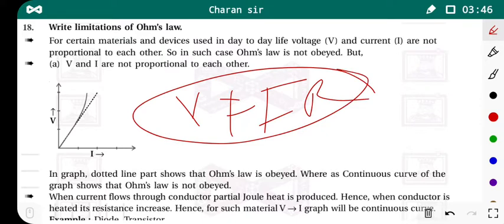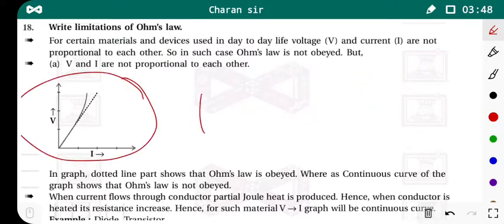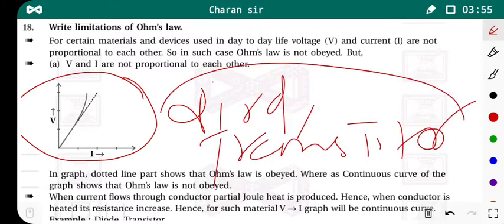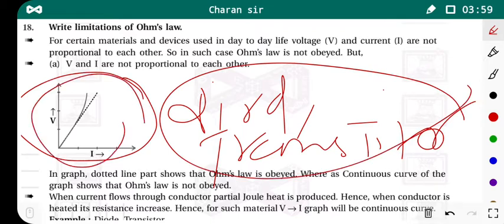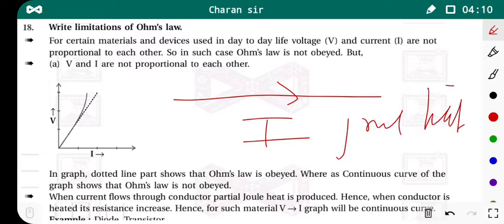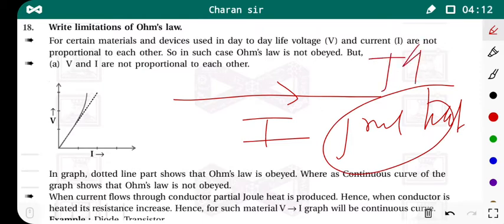So this graph is for a diode and transistor. In a diode and transistor, this type of phenomenon can take place. Why is Ohm's law not satisfied? Because whenever current passes through a conductor, it loses its energy in the form of Joule heat, and due to this Joule heat the temperature of the conductor increases, and due to this the resistance also increases.